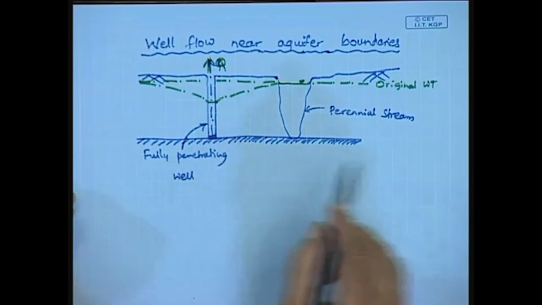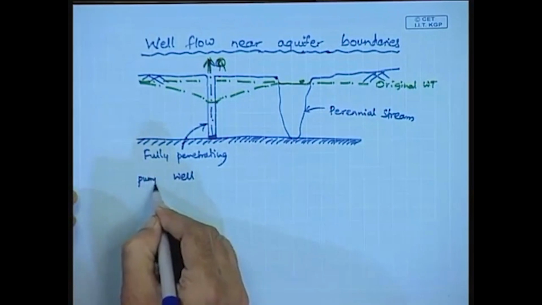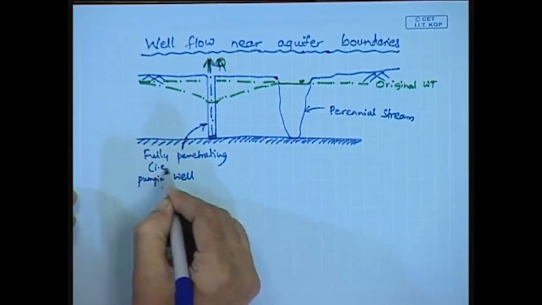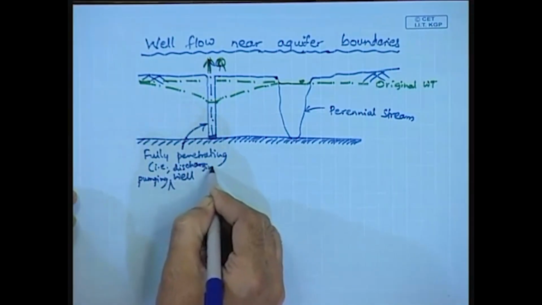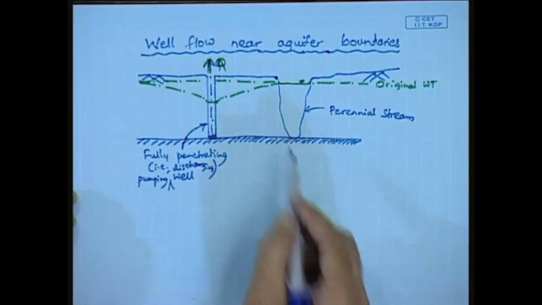This is a pumping well, which can also be denoted as a discharging well, and it is on one side of this perennial stream.